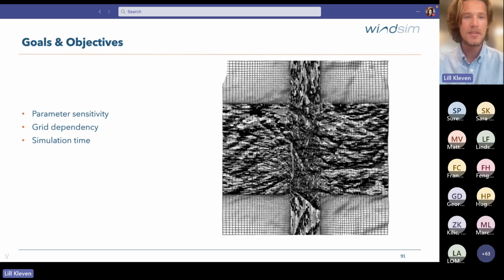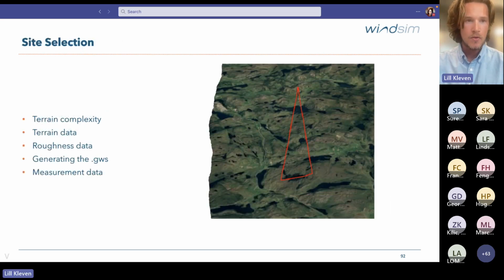Yeah, so back to the goals and the objectives. I was going to check for the parameter sensitivity and also grid dependency, and we also took the simulation time into consideration. For the site selection, I had a number of sites in Norway where we had some reference met masts, and we ended up picking a site outside Sandnes, which is in the southwest of Norway.